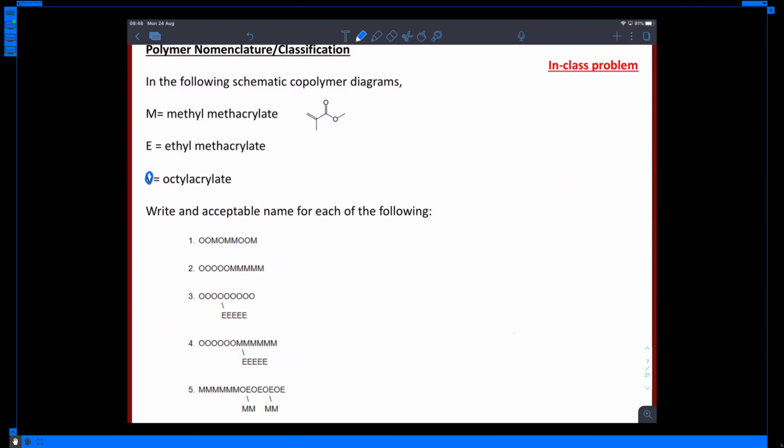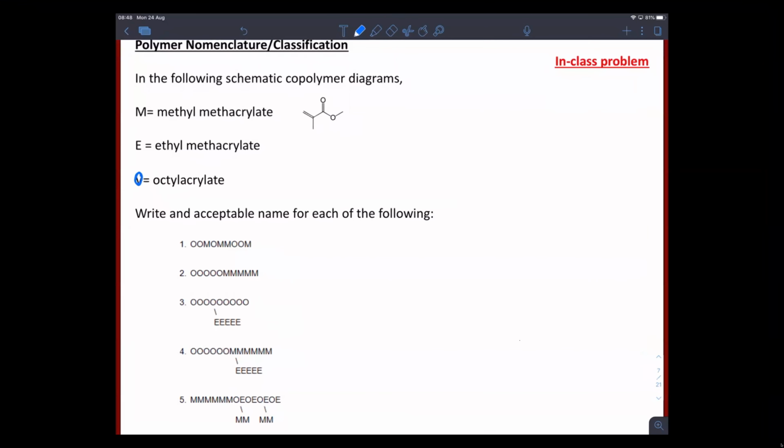And actually, I've done this class several times. I think people write this the right way, but there are several variations of the right way for it. Let me start writing these ones in. So that's random copoly.